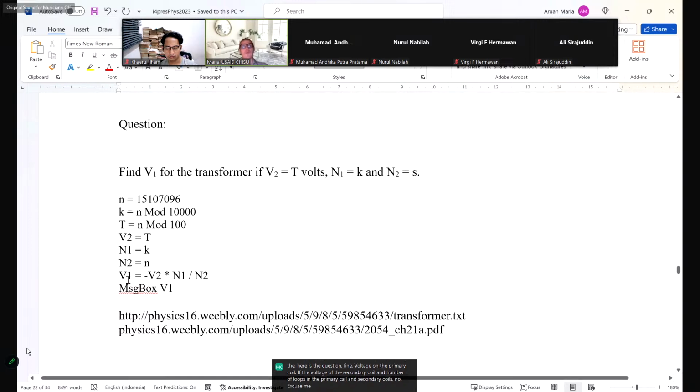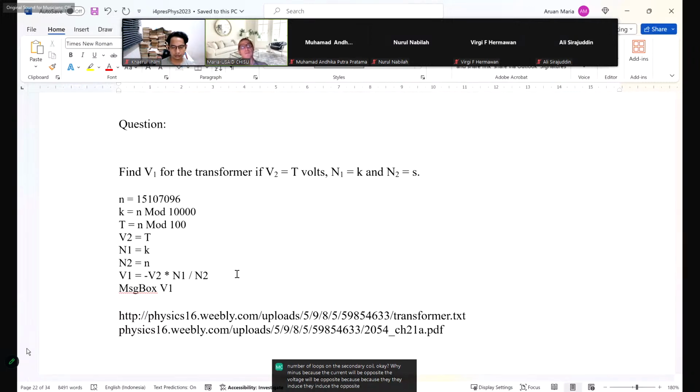And voltage on the primary coil is equal to negative voltage on the secondary coil times the number of loops on the primary coil divided by the number of loops on the secondary coil, okay? Why minus? Because the current will be opposite, the voltage will be opposite, because they induce the opposite current, okay?